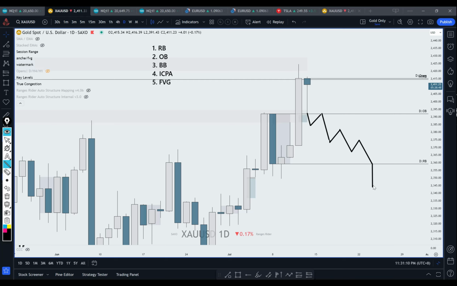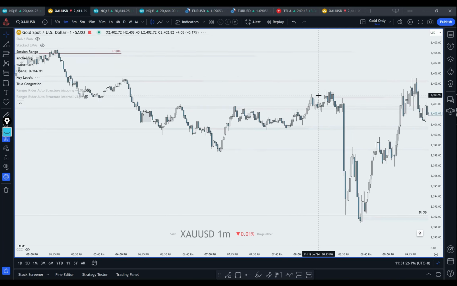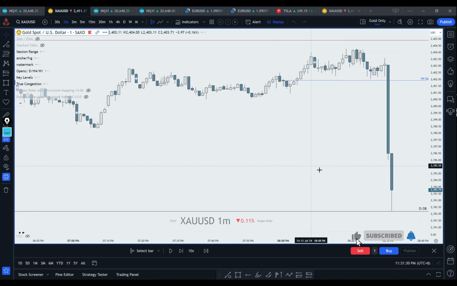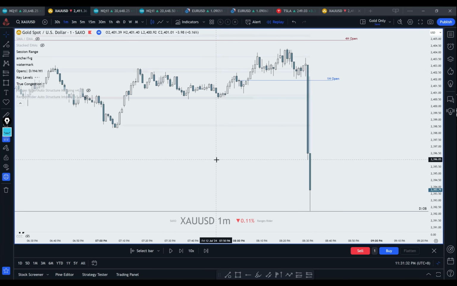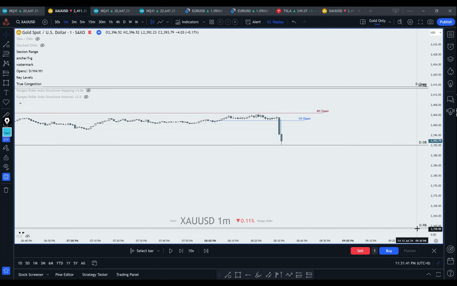And once we reached here, then I have the same plan what I have here when the price reached into this zone. So we check how the price reached here. So this is where the price reached, and I'm not going to buy here directly because we have another level here.